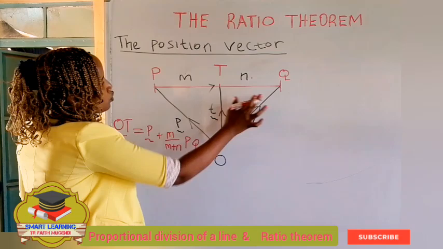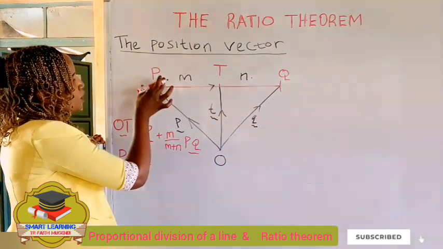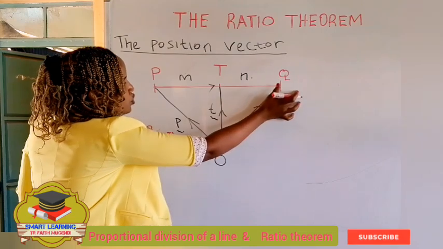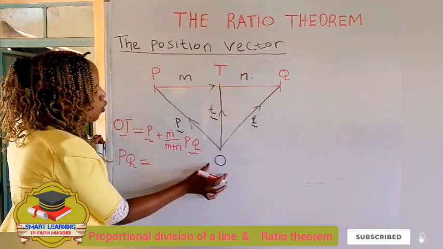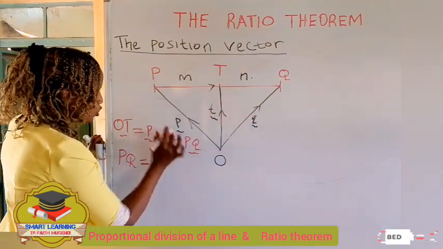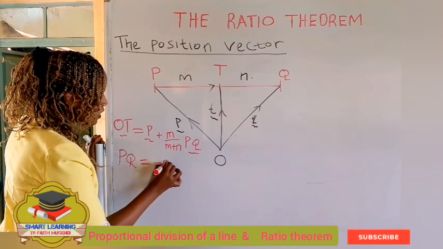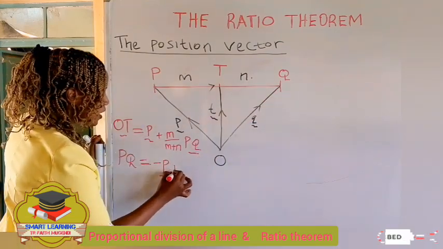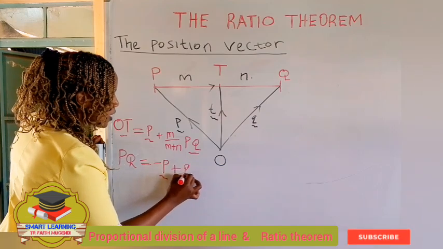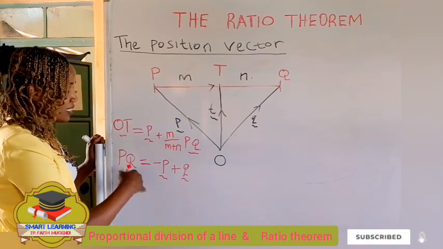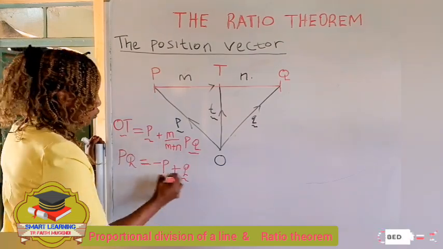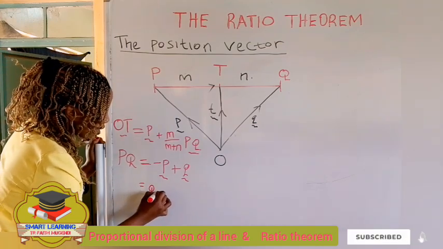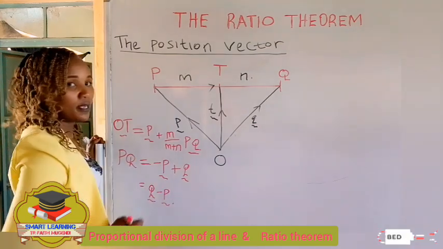From P to Q, we use which route? We move from P through O, then to Q. So PO is the opposite direction, so we negate vector P. And then OQ is the positive direction, so positive vector Q. So that is PQ, which you can also write as Q minus P.